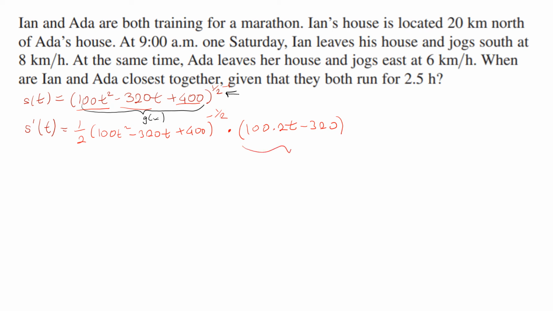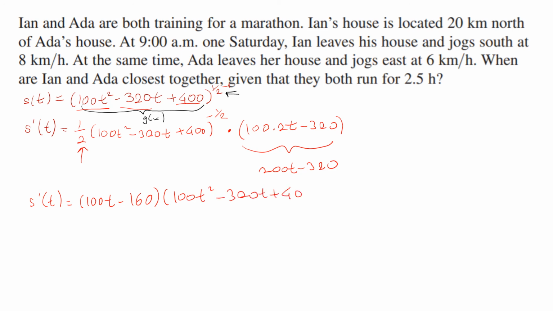I know for this part, I'm going to get 200t minus 320, and I'm going to divide that by 2 to put them together. So my derivative ended up being 100t minus 160 and 100t squared minus 320t plus 400 to the power of negative 1 over 2.